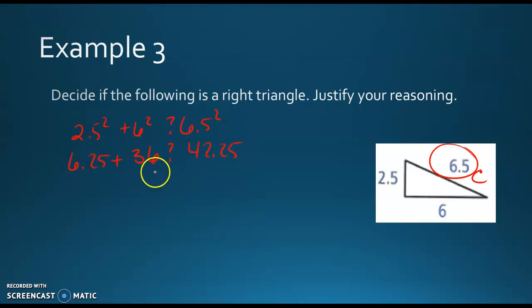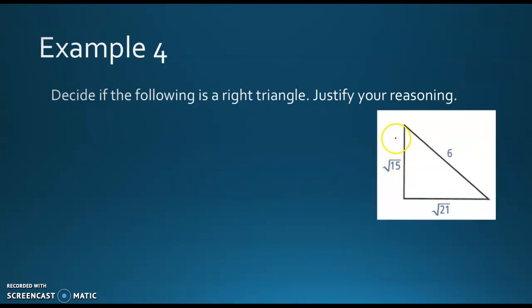So 6.25 plus 36 is 42.25, which is equal to our 42.25. And so yay, this becomes a yes, it's a right triangle, because 2.5 squared plus 6 squared equals 6.5 squared. So again, we're plugging in. a and b are our two smaller sides. c is always our largest side. And we just evaluate and we see that the left equals the right.